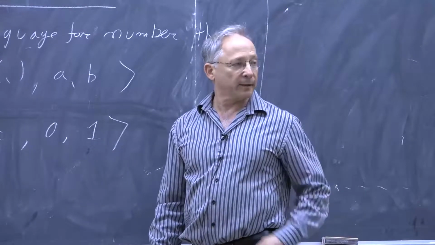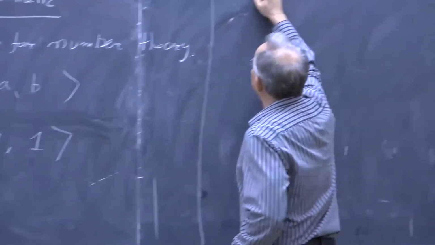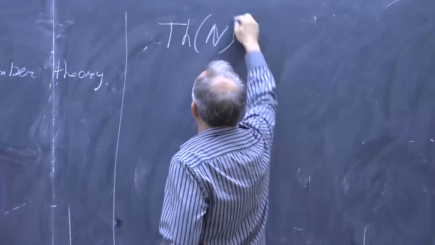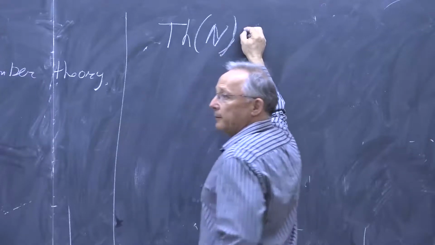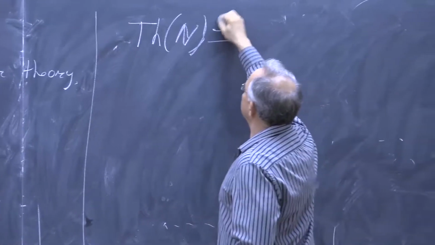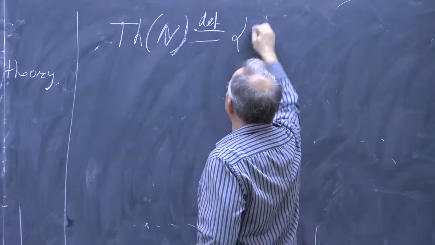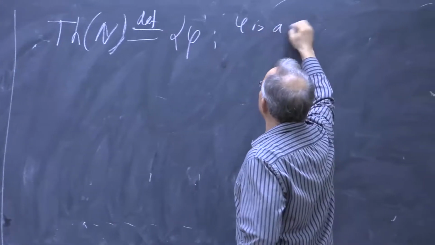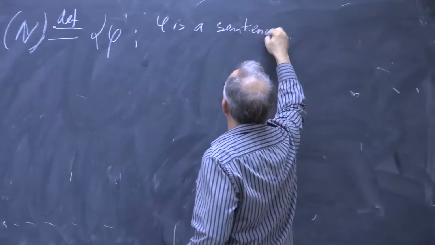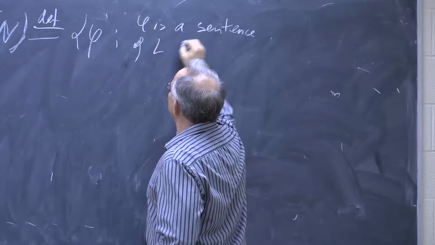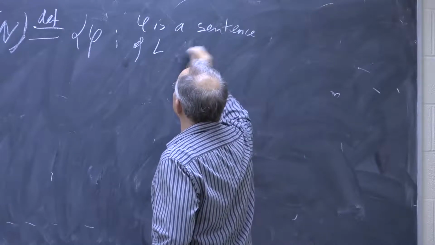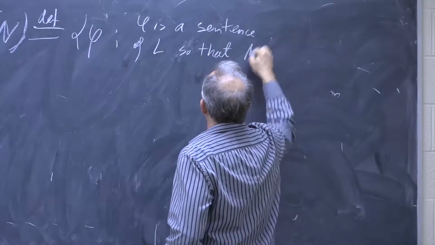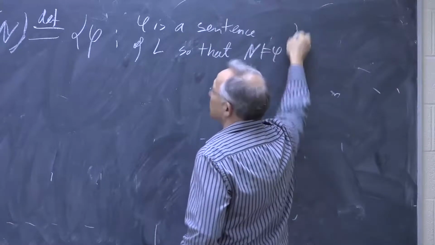So what will be my best effort? I will take this infinite set, which is called the theory of the structure, the theory of N, which is defined as the set of all phi in the language such that phi is a sentence of L, so that this structure N satisfies phi.